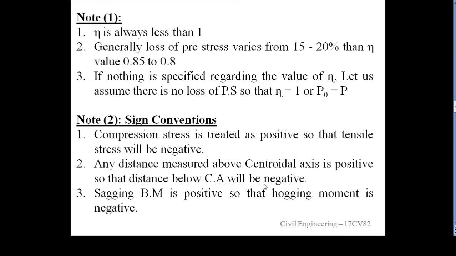Above we take as positive, below the neutral axis as negative. Sagging bending moment is positive, so hogging moment is taken as negative. These are the sign conventions we take throughout this PSC section.